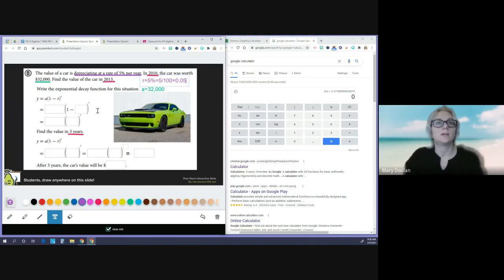Okay, so these are the values we're plugging in. We're going to put A first as 32,000. So this is going to be 32,000.